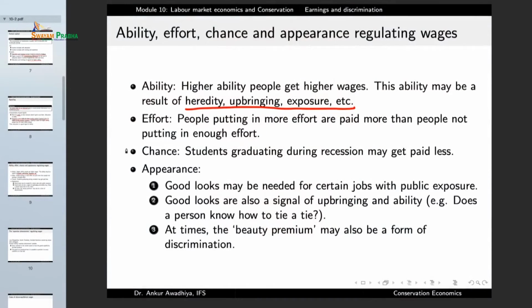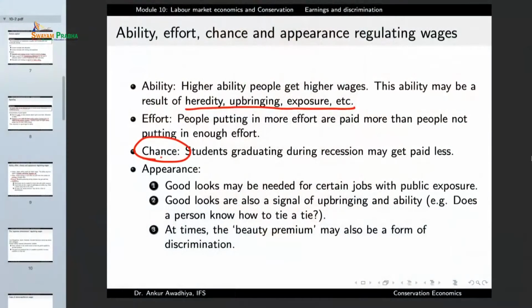Chance. Now this is a very important factor. Students who are graduating during a recession time may get paid less. These students may have the same ability, and they may be putting up the same amount of effort as their previous generation of students, that is, their seniors.